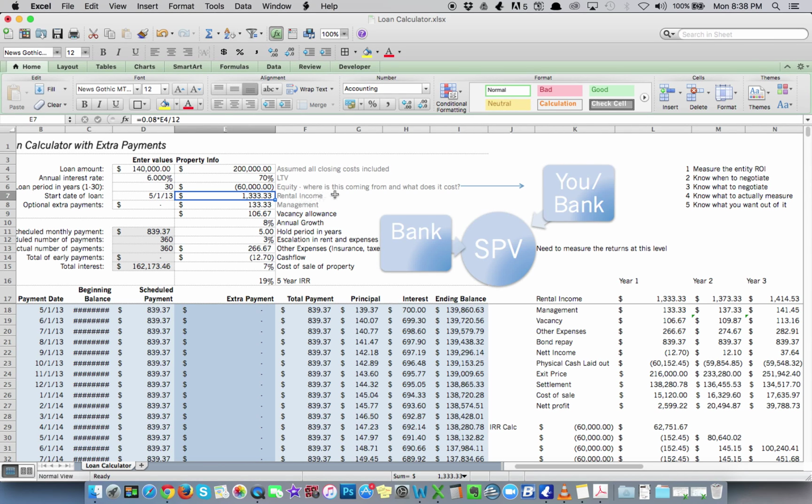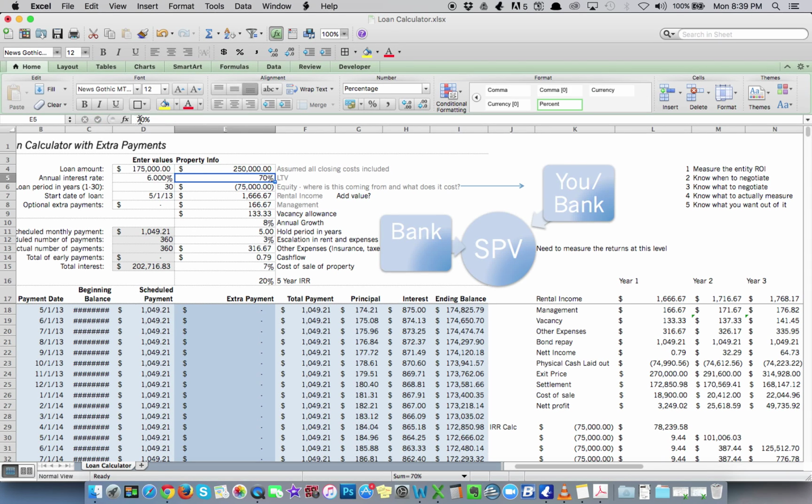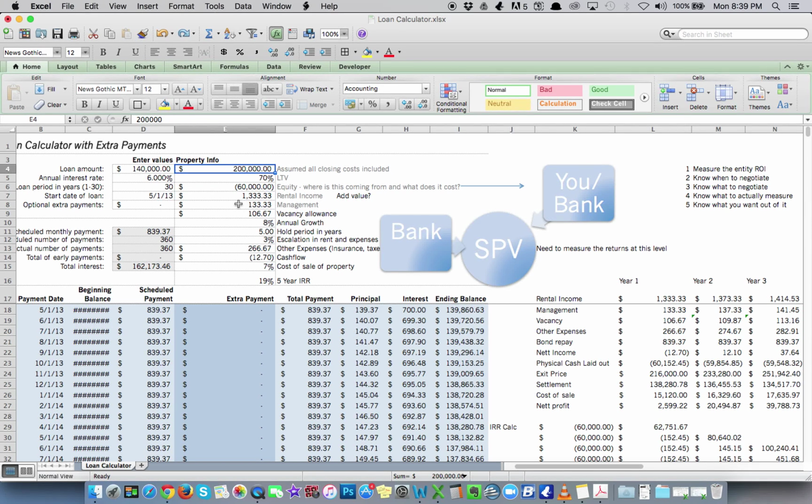Now what's important here is, can you add value in some way, shape or form to increase the rental income? So for example, if you said, okay, this property was $200,000 in cost price, but if you added another $50,000 to it, and we increased the rental income to, what was it before, it was $1,333.